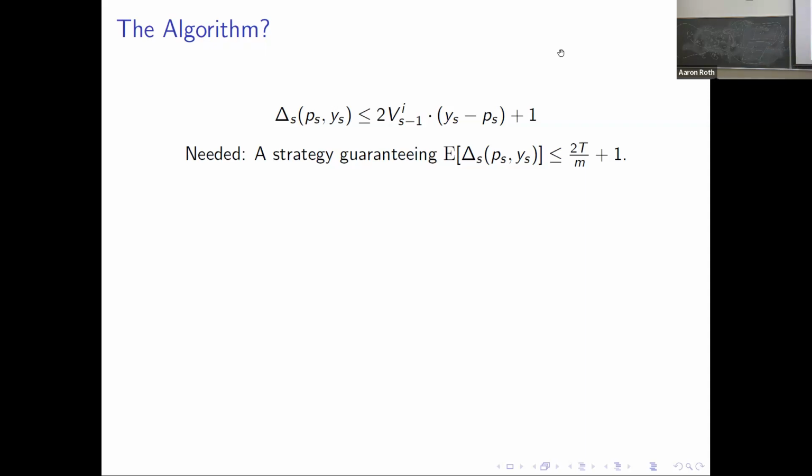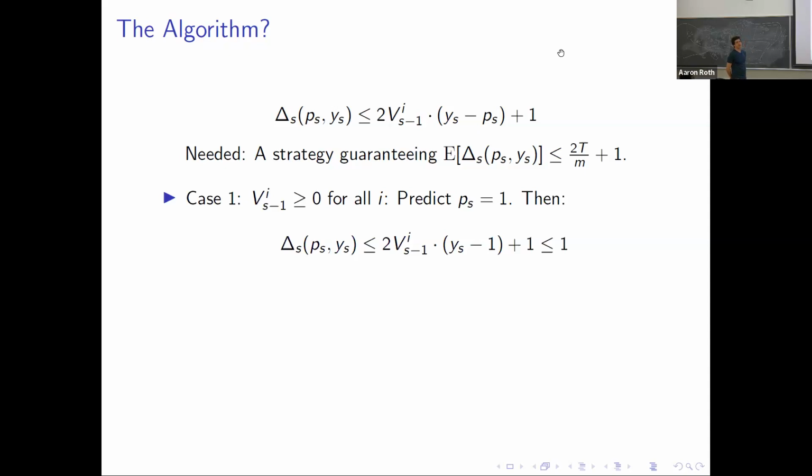It's a function of what's happened in the past, times this linear function of our prediction and the outcome, plus 1. And what we're trying to do is come up with a distribution over predictions so that for both possible outcomes, rain and no rain, the expectation of this quantity on the right-hand side is smaller than this.